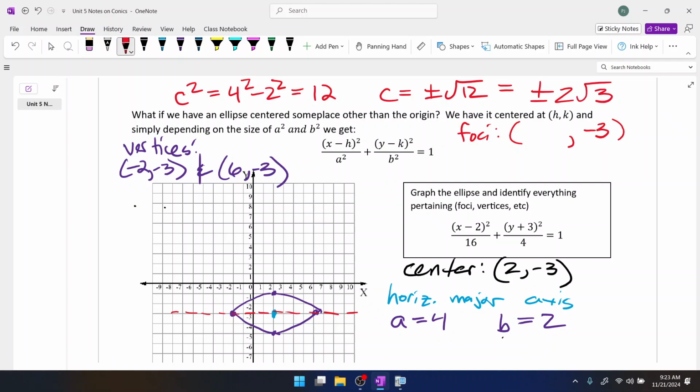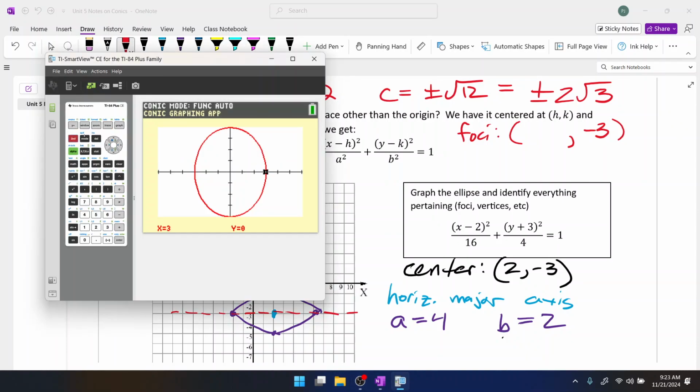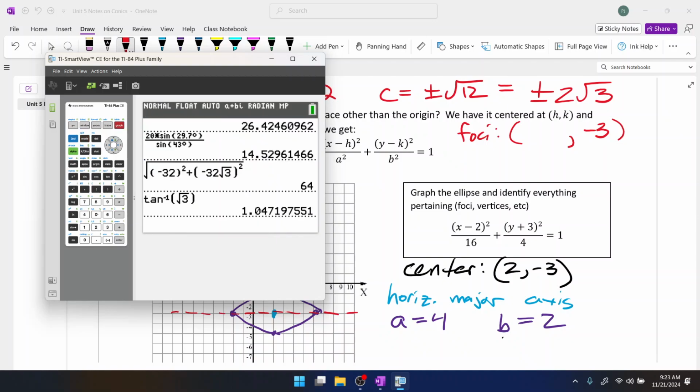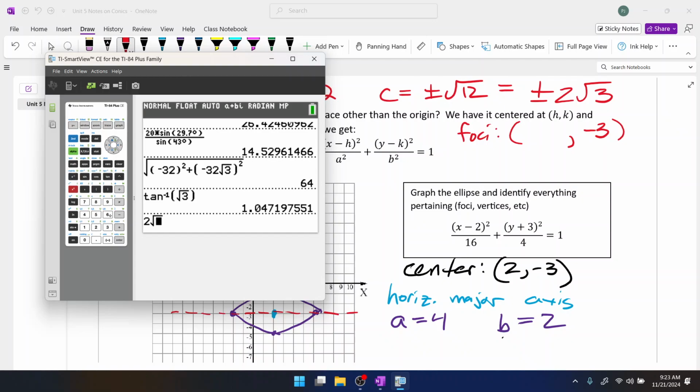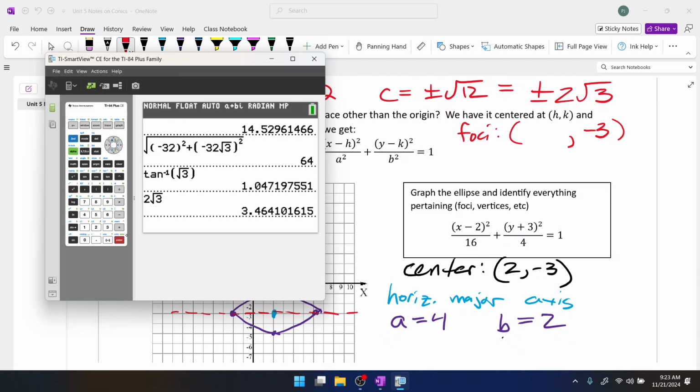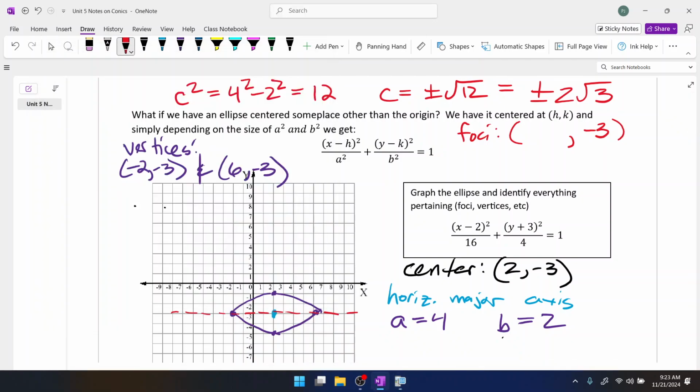Now, 2 root 3 is going to take on a certain value. Let's see here. 2 times the square root of 3. As a decimal, it's roughly 3.46. So what we do basically is from the center, we literally go 3.46 units away from here, which is going to put us right here.